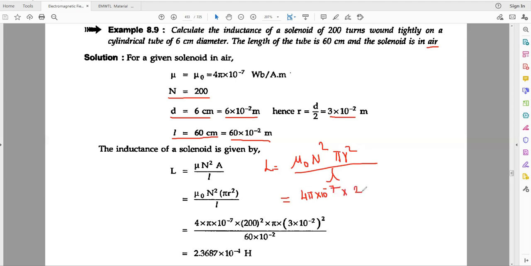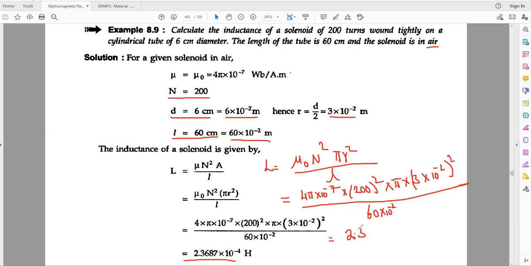N square is 200 whole square, into pi, into the 3 in terms of meters, 3 into 10 to the power of minus 2 meters, whole square, and the whole divided by the length, 60 into 10 to the power of minus 2, that is also in meters. Calculate this, and finally we got 2.36 into 10 to the power of minus 4 Henry.